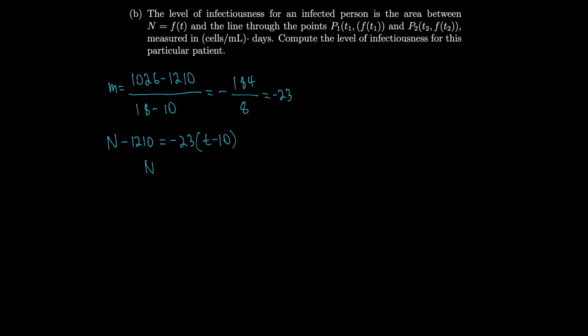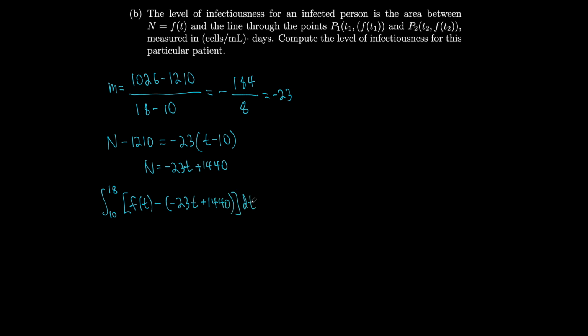And we get that n is equal to negative 23t plus 1440. Our integral, therefore, becomes the integral from 10 to 18 of our top function, f of t, minus our bottom function, the line that we just built, minus 23t plus 1440.